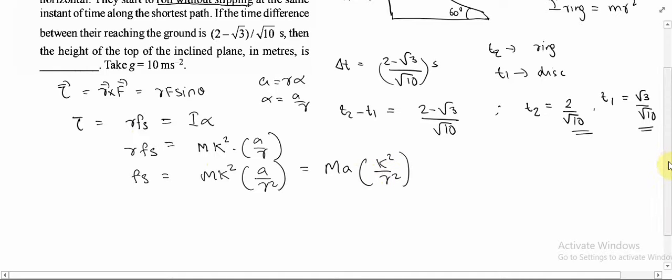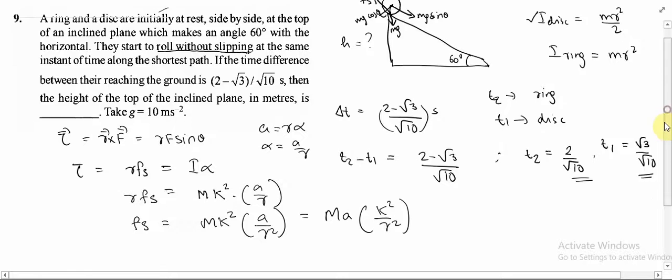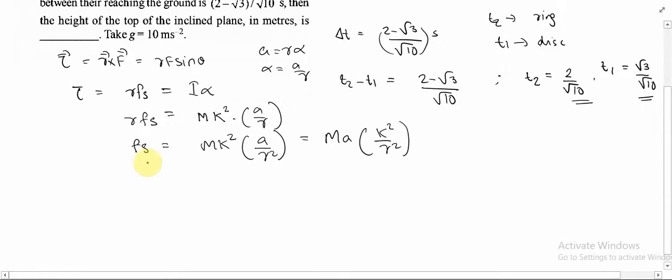Now we can write using Newton's second law, the total force along this direction is given by mg sin theta acting downwards. We have taken that direction to be positive. So mg sin theta minus fs is equal to m into a, where a is the acceleration of the bodies.